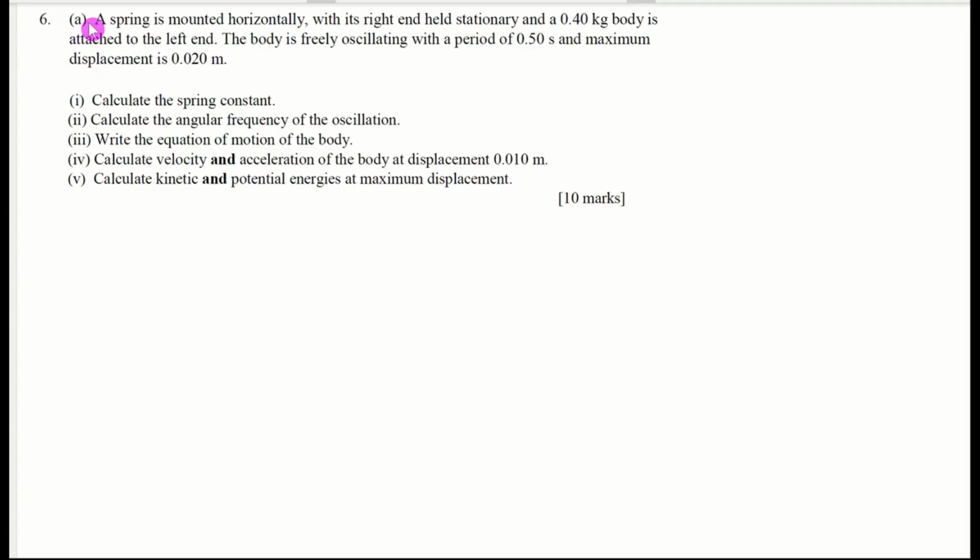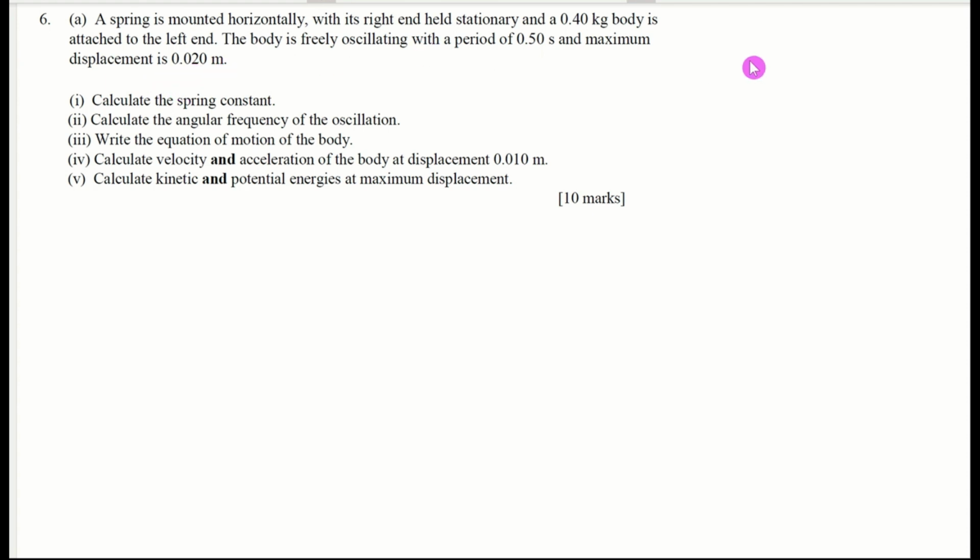Okay, question number 6A. So we have a spring mounted horizontally with its right end held stationary and a 0.4 kg body attached to the left end. The body is freely oscillating with a period of 0.5 second and the maximum displacement is 0.02 meter.